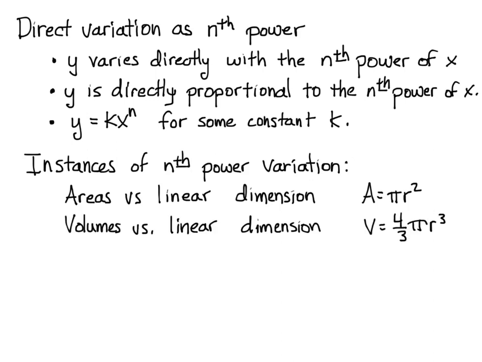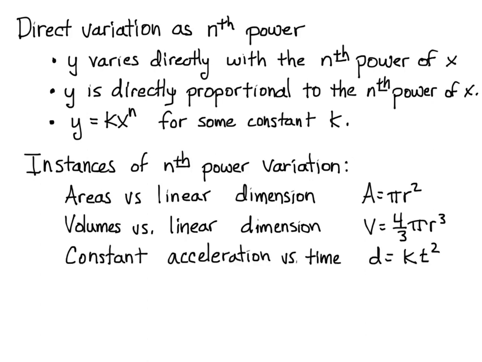Another instance would be if we're talking about volumes in terms of linear dimensions. The volume of a sphere is 4/3 pi r cubed, and so you would say the volume of a sphere varies with the third power of the radius. And with constant acceleration versus time, the distance is equal to some constant times time squared.